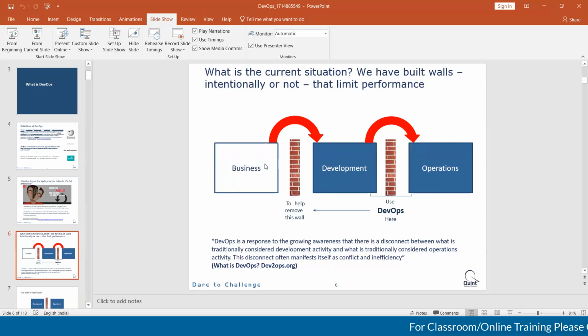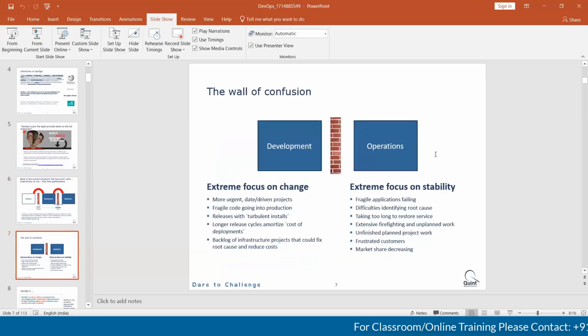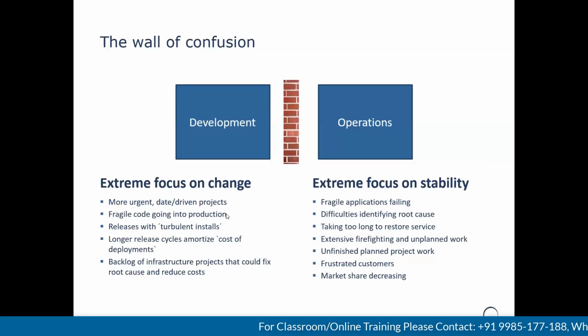So if you get the requirements, you go with development, and you go with the operation field. Once you have done this, the wall becomes development plus operation. If you go with the development, you can focus on some day-to-day challenges.